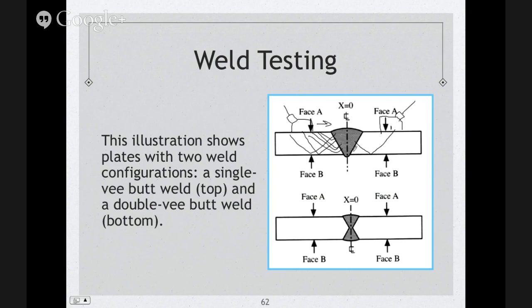And the same thing here, and obviously it's the same thing with this double V butt weld, right? What they mean by these faces is the faces at which you would inspect, okay?